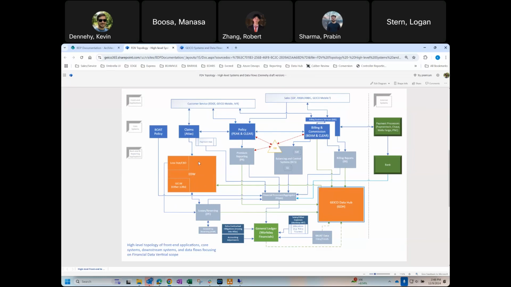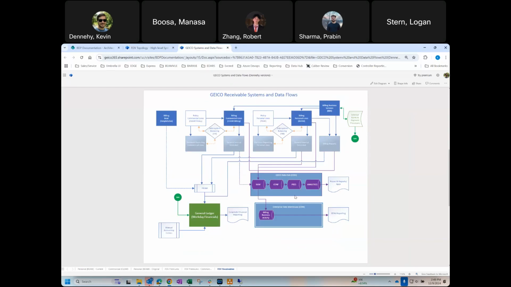But because there's a lot of legacy and past reports and processes that are dependent on EDW, you'll notice in this chart that until Data Hub is really fully mature, it might not be possible to really retire the legacy enterprise data warehouse.